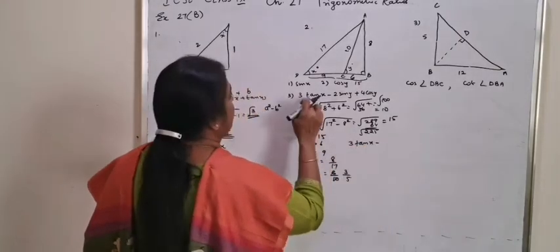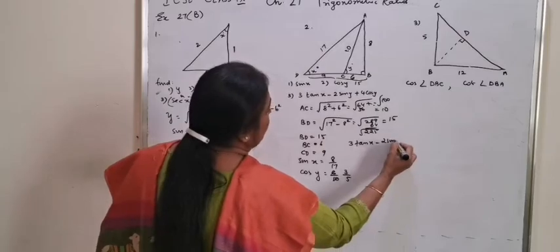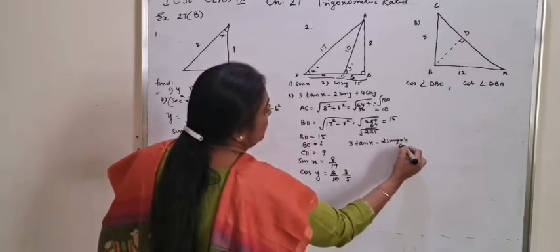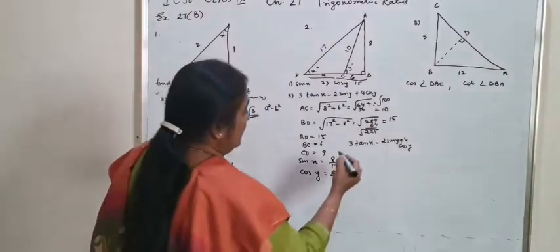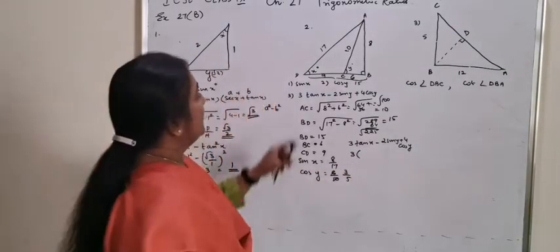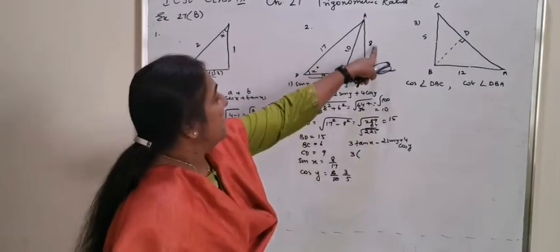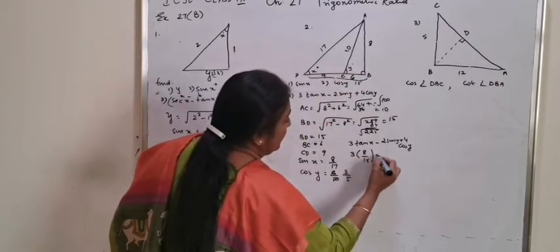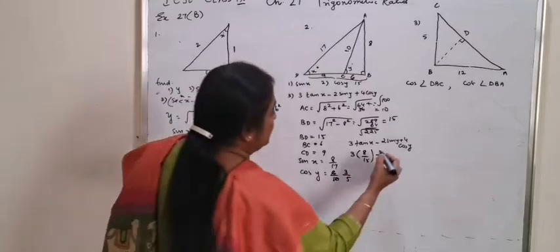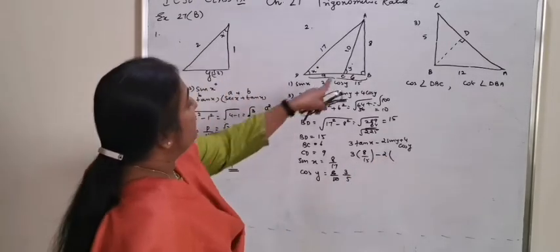3 tan x minus 2 sin y plus 4 cos y. Let's substitute it directly. 3 into tan x is 8 by 15, minus 2 into sin y.